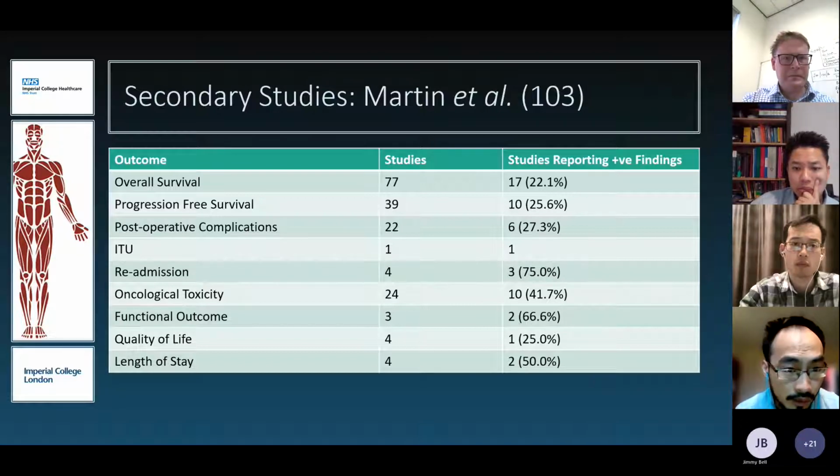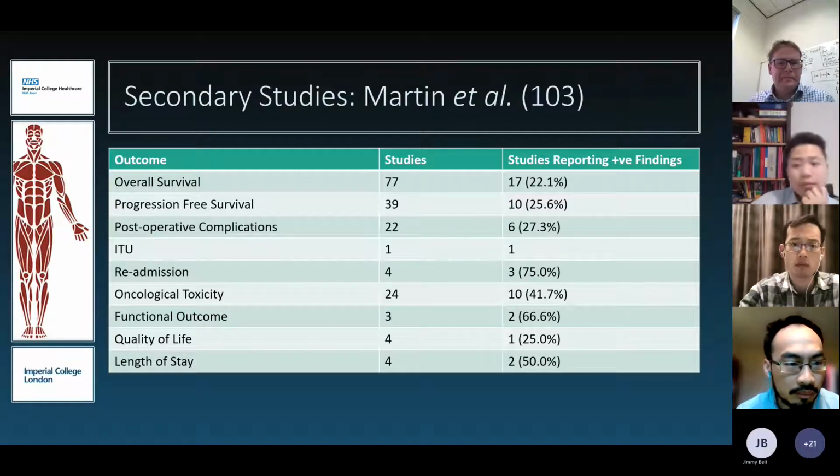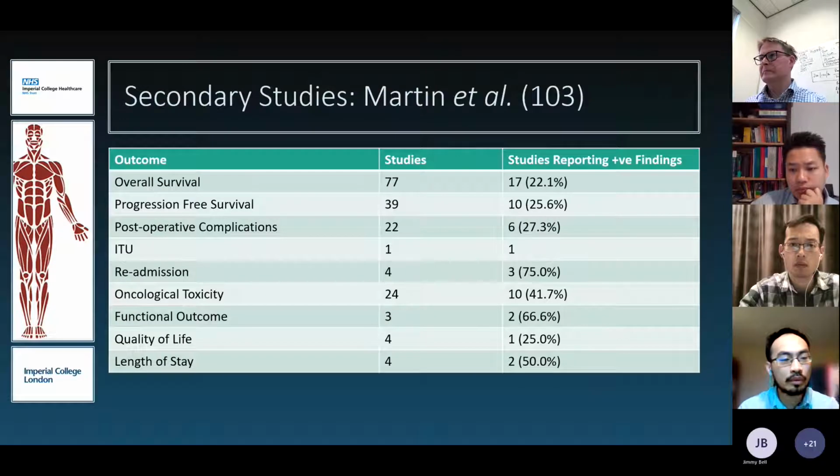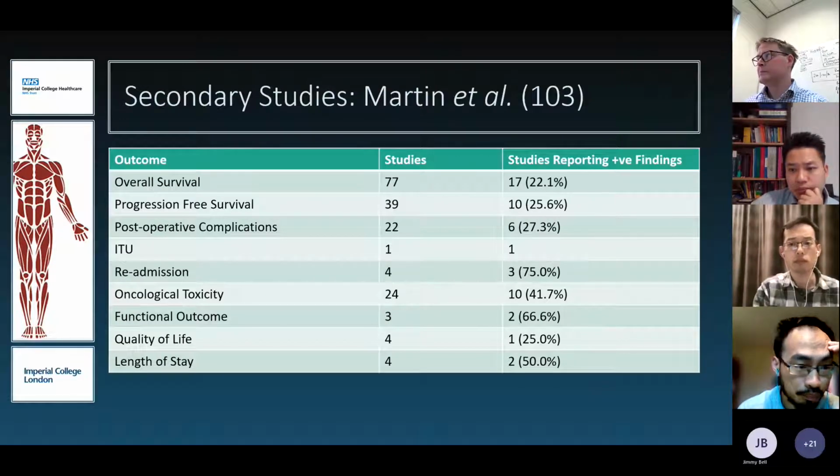And actually, if you're looking at the originator studies where 80% of them were finding positive correlations, here that drops off significantly. We haven't looked into exactly why. There's a very heterogeneous group of studies, populations, etc. But that's worth considering, and the fact that these cutoffs may not be universally applicable.